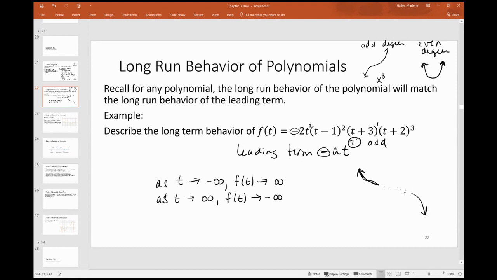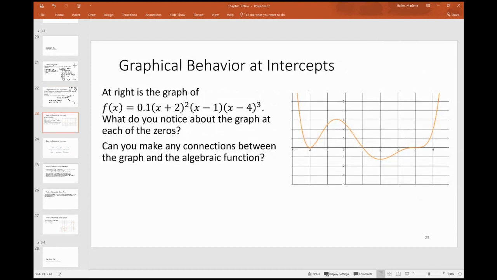If it's negative, it's going to be reflected vertically, right? Even degree polynomials will resemble the quadratic function, and if the leading coefficient is negative, it would be reflected. All right.